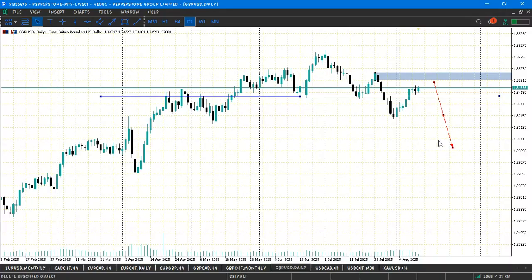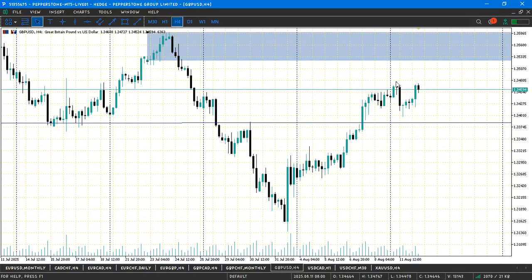Now, how do we enter our sales at this point? We will enter our sales if there is a 4-hour change of character, though we can clearly see that currently we have had a fractal change at this point where we had this fractal low and this fractal high, and we took out the fractal low. Now we are in this fractal low and this fractal high.